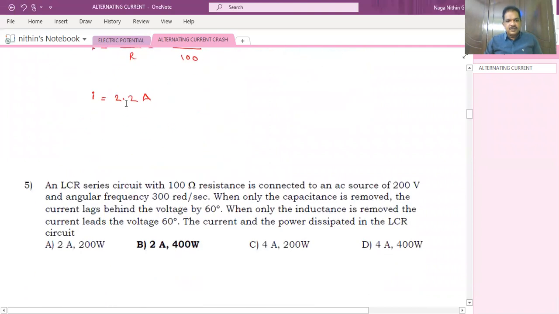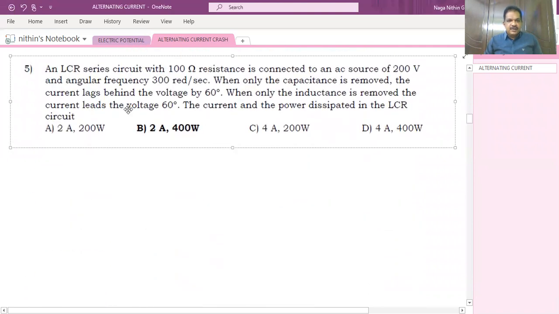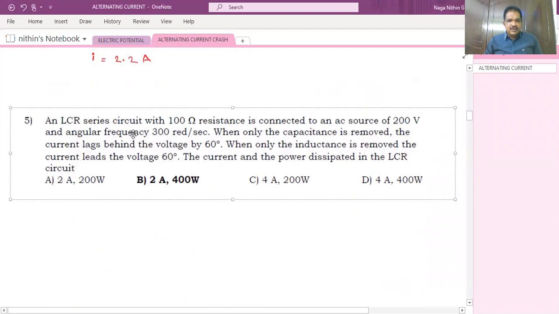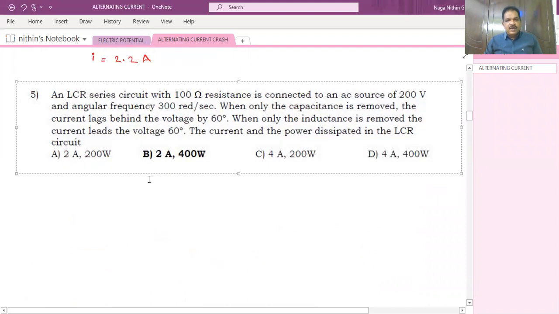This is the answer. Next, an LCR series circuit with 100 ohm resistance is connected to an AC source of 200 volt and angular frequency 300 radian per second. When only the capacitor is removed, the current lags behind the voltage by 60 degrees.